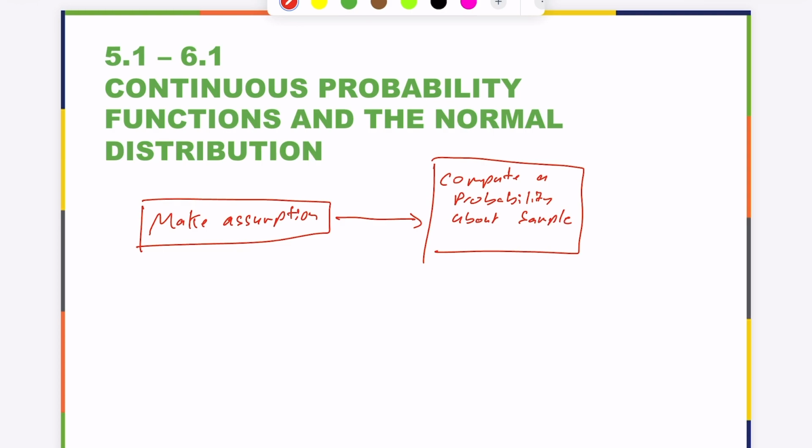We compute a probability. And then what we do is we look at that probability. Is the sample unlikely? Is it significantly low or high?